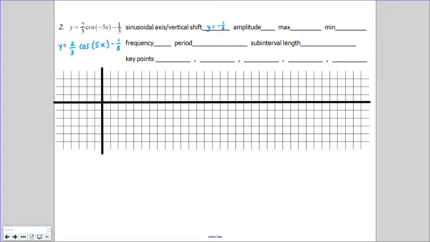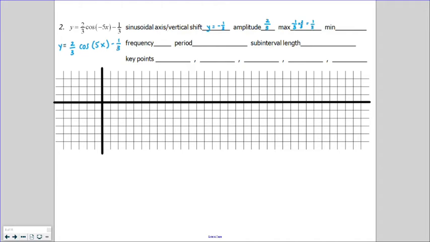So this is the first example where we've seen a vertical shift. The sinusoidal axis is going to change. The amplitude is the number sitting in front of sine or cosine. In this case, we're multiplying cosine by 2/3. So to find the maximum, we always take the sinusoidal axis and add the amplitude. So our maximum here is 1/3.